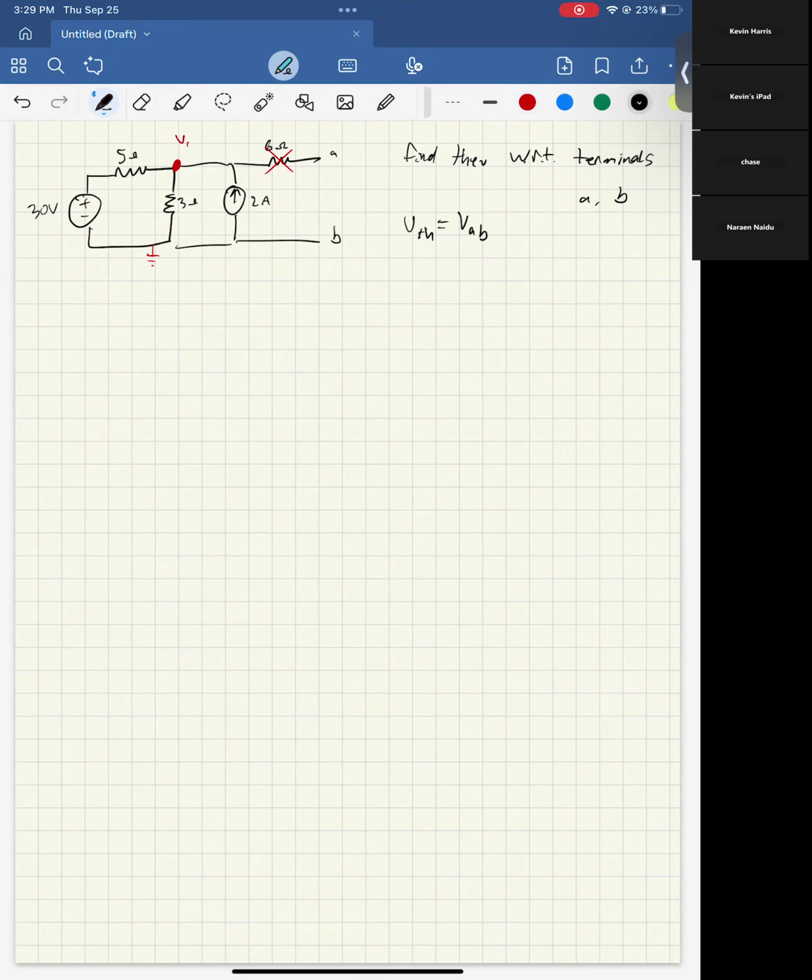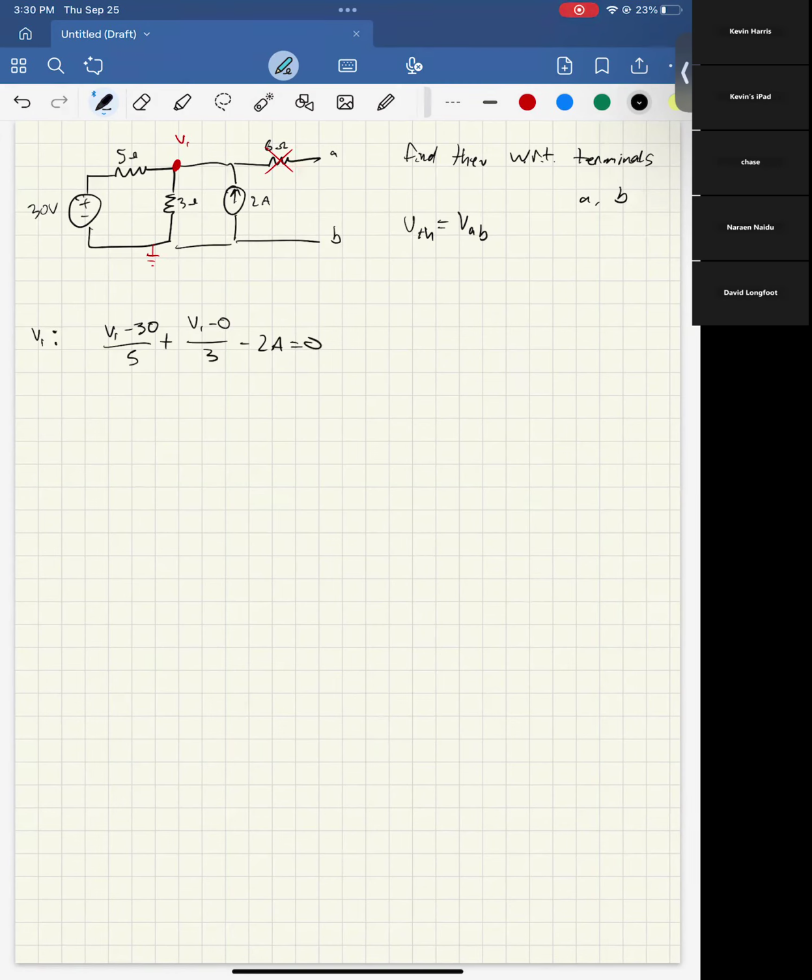then let's see what we have. At V1, going to the left, we have V1 minus 30 over 5. Going down, we have V1 minus 0 over 3. And then coming in from that left part, we have minus 2 amps equals 0. Multiply everything by 15.